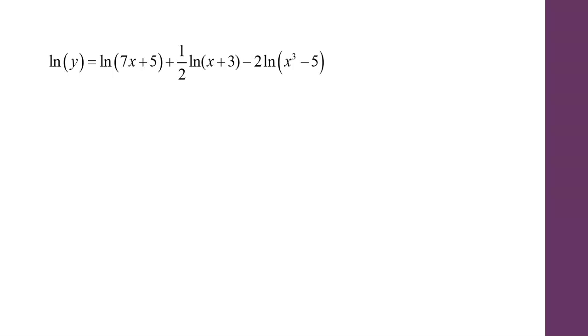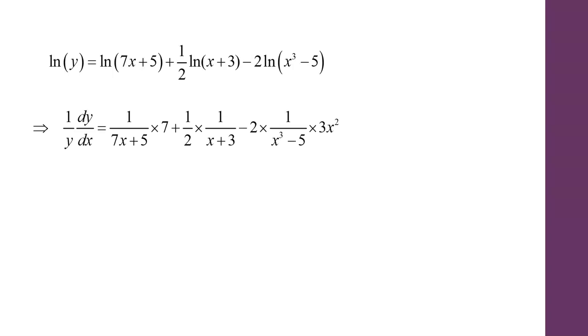So now what we're going to do is take this expression and take the derivative of both sides. And on the left side, it needs to be implicit because we're taking the derivative with respect to x. So on the left side, I have 1 over y, dy over dx. And on the other side, we're going to use the derivative of log rules, along with the chain rule for two of these things.